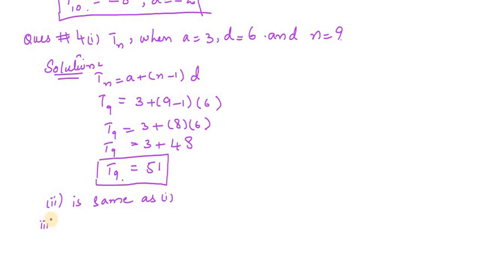So let me do part 3 of question number 5. Here we have to find the difference when a is equal to minus 8, Tn is equal to 9 and n is equal to 5.